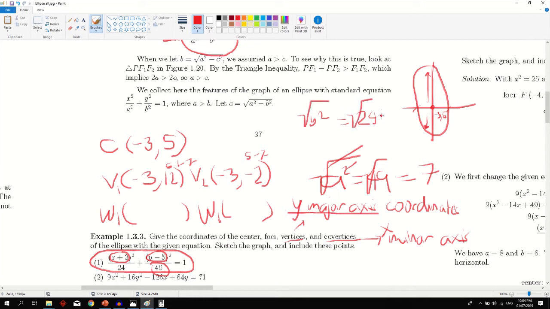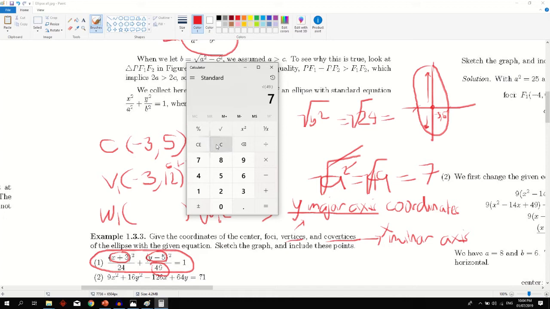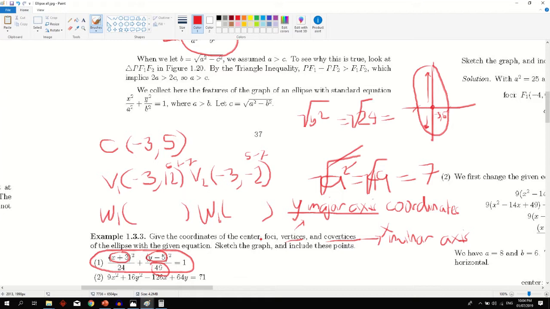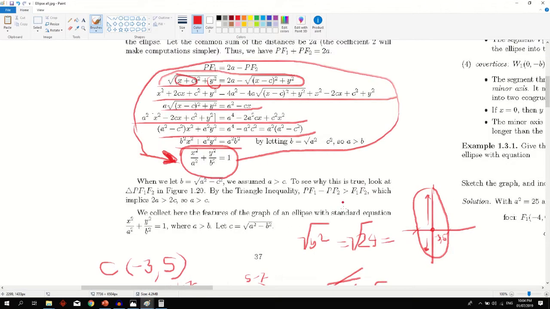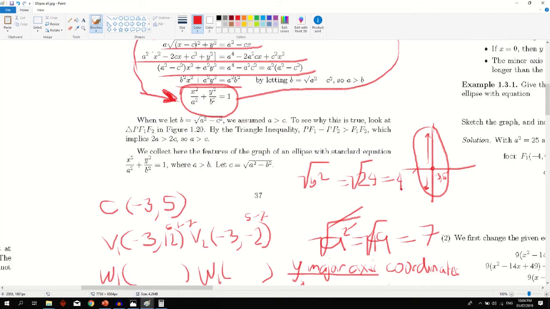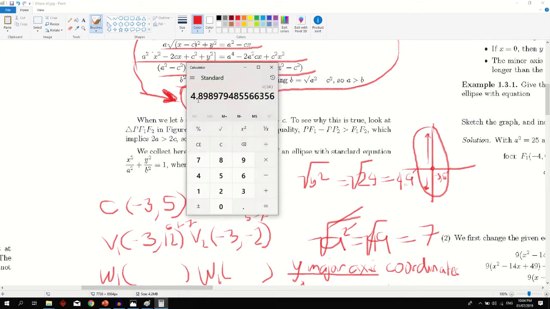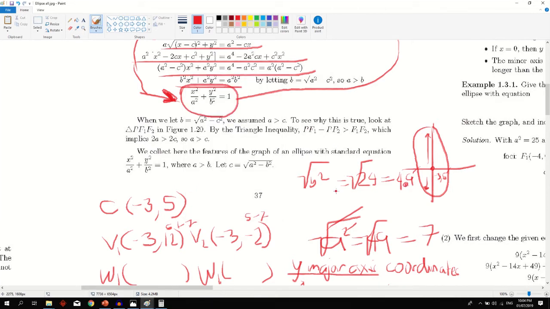The square root of 24 is 4.89 and so on. They use 4.9, so we will also use 4.9. The answer is usually 4.898989. To approximate that, it is 4.9.